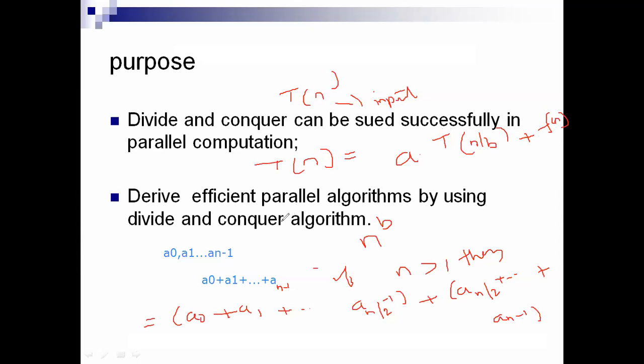So here a and b are constants, that is a greater than or equal to 1 and b greater than 1.